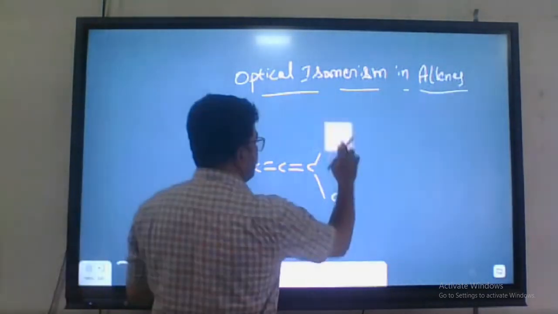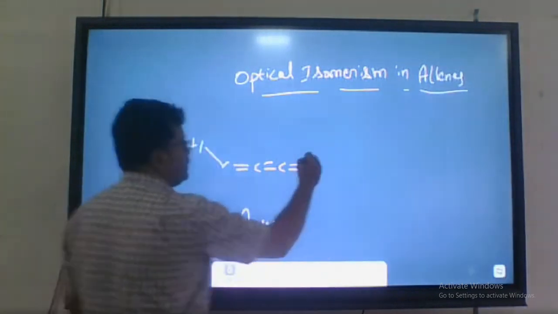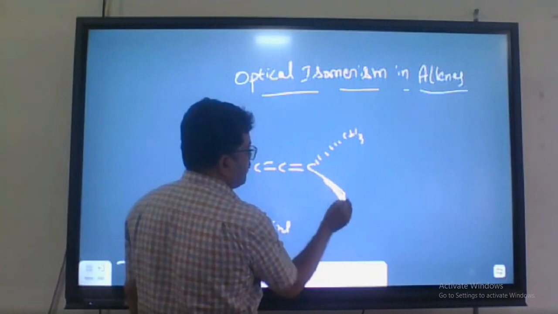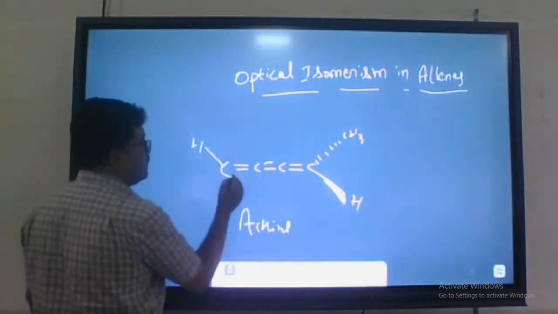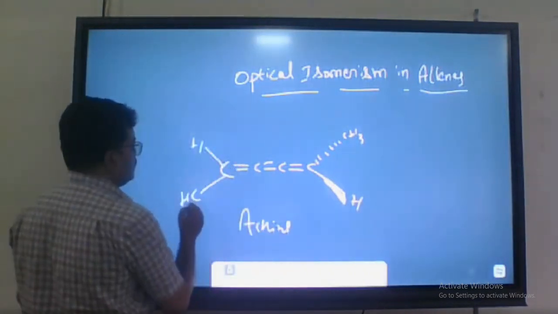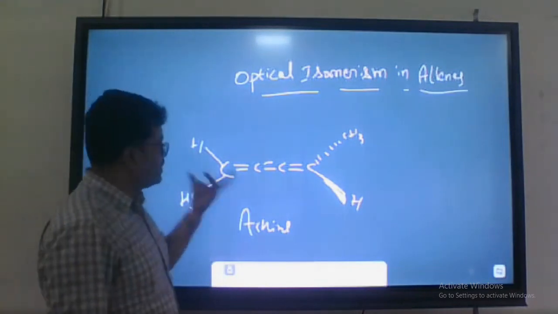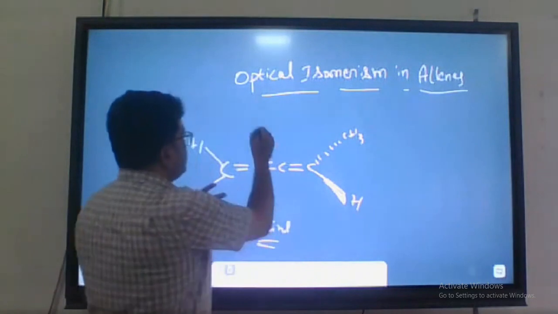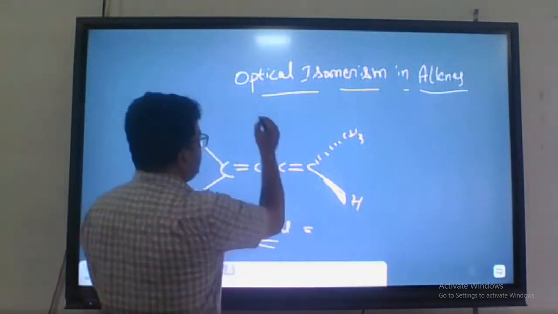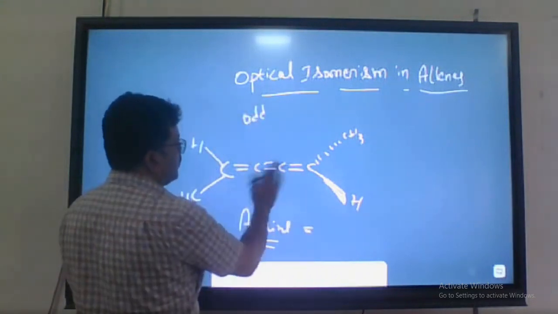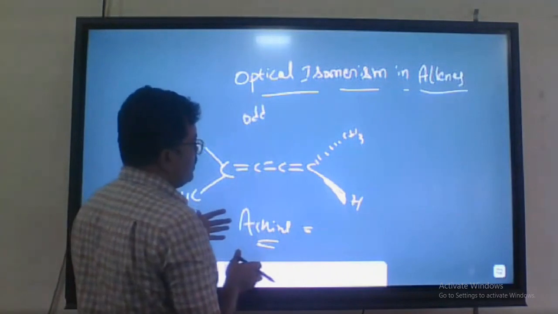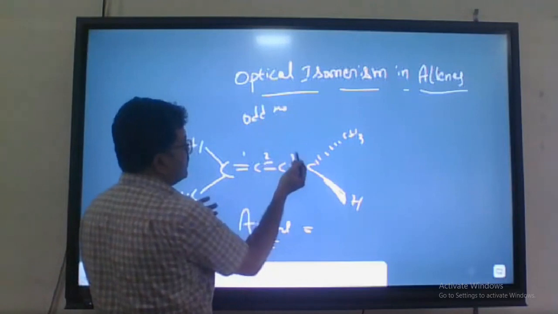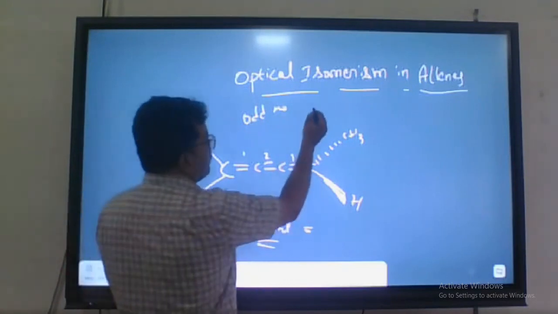You take this one, CH3 and this is H, and this is CH3. Any substituent, A not equal to B, because this is chiral. Odd number of double bonds in cumulated allenes, 1, 2, 3.